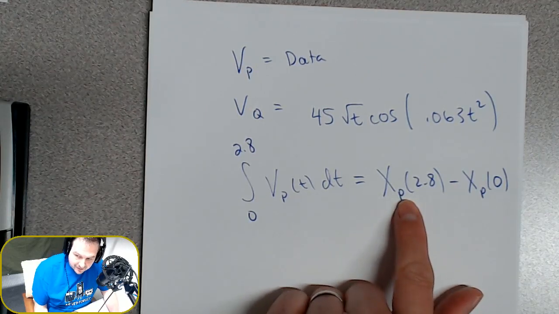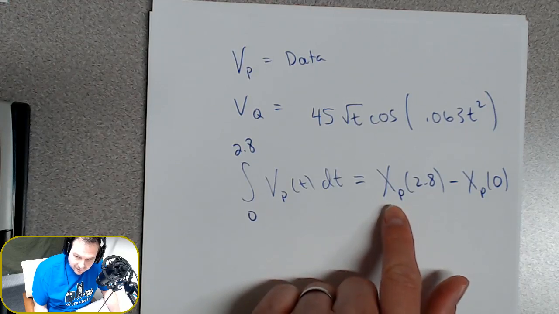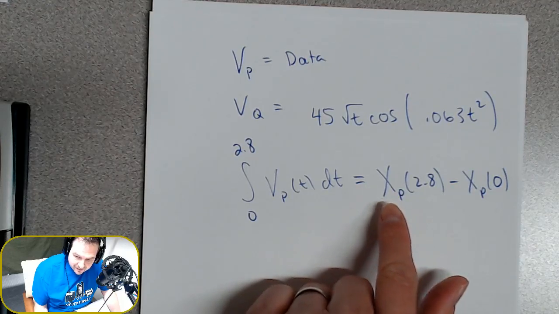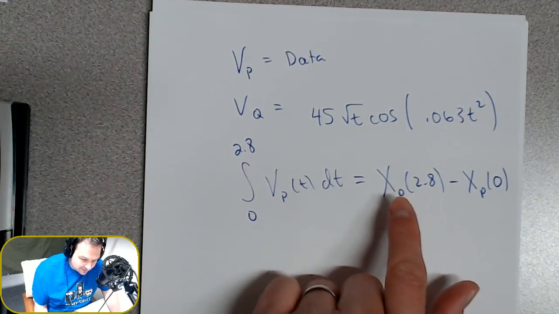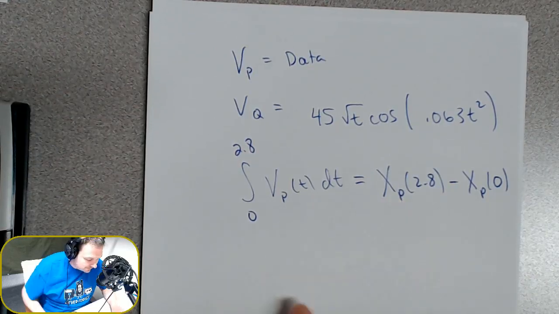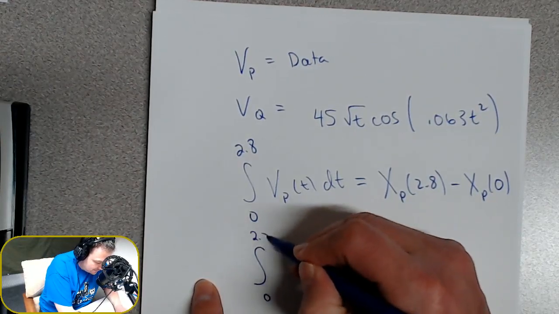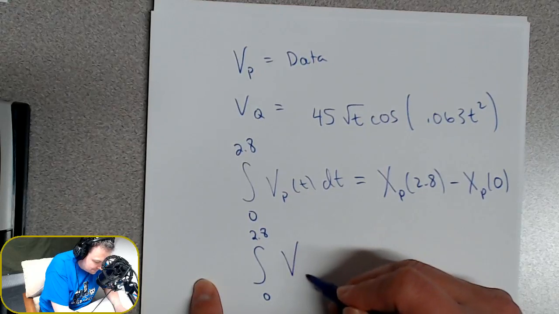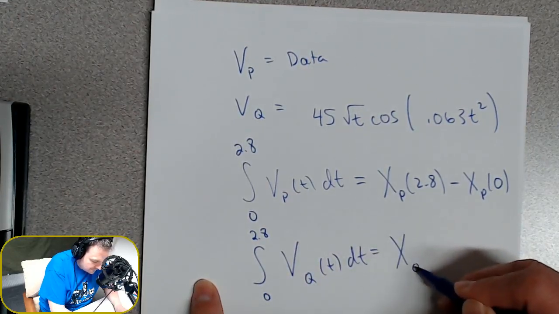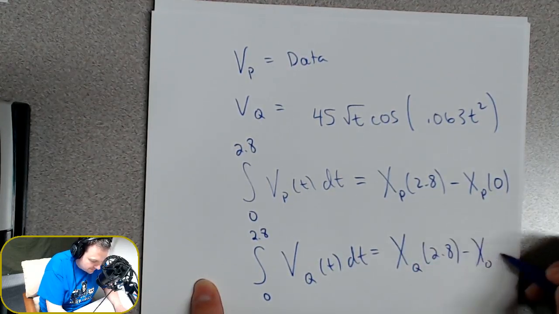In this case, it's saying use those things and find the distance between the particles' positions. So I need to find the position of P, and I want to find the position of Q. I would like to find the position of Q at 2.8 minus the position of Q at 0.